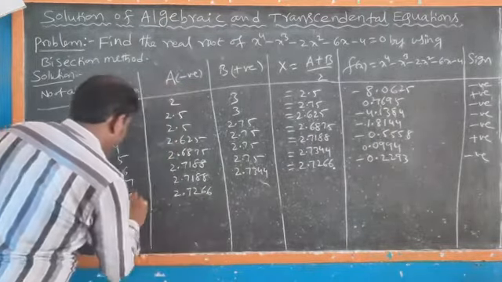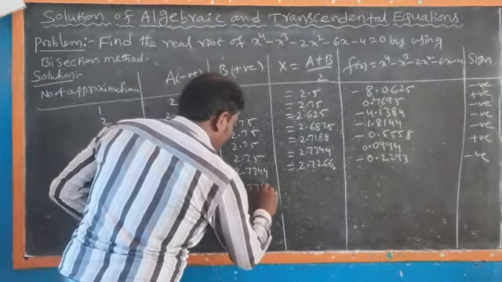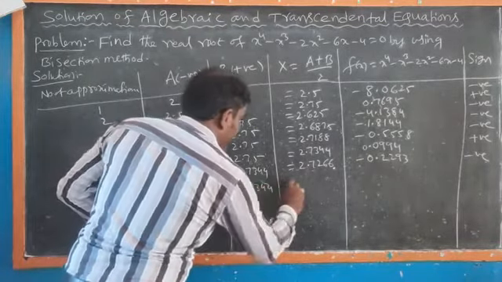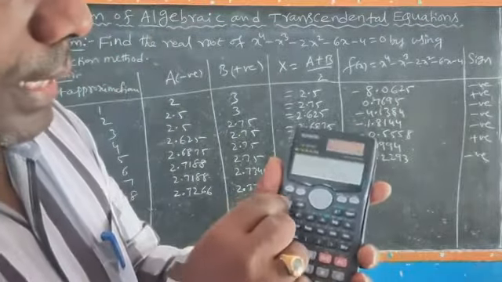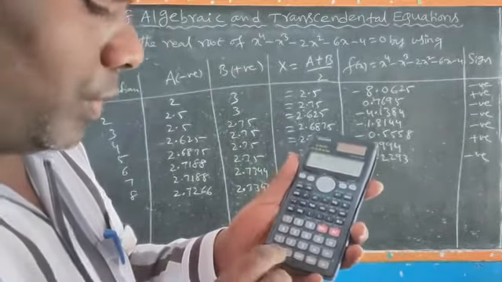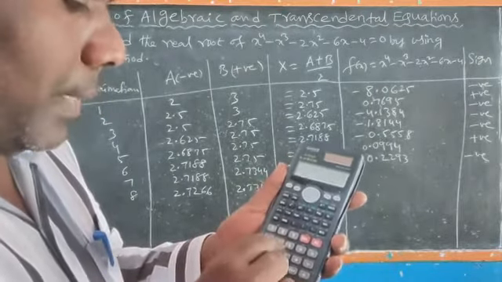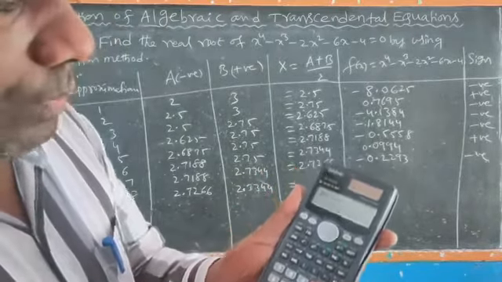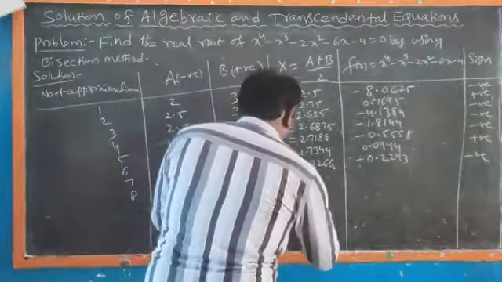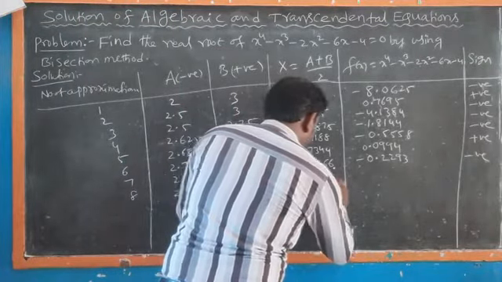This is a negative value, so substitute x in a: 2.7266. The b value is 2.7344. Then go back and calculate: a value 2.7266, b value 2.7344, then 2.7305.